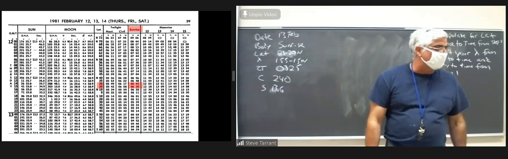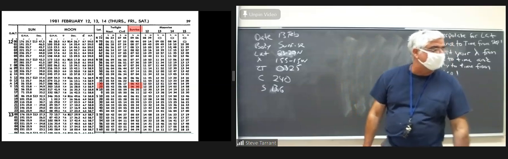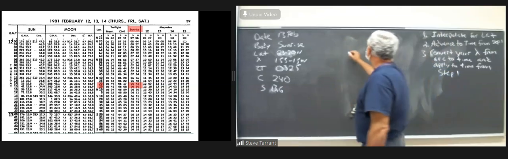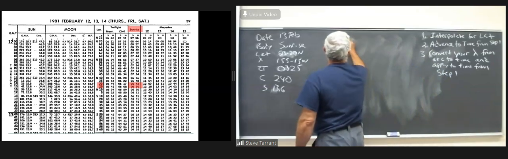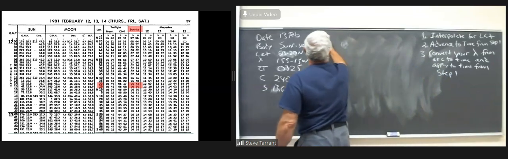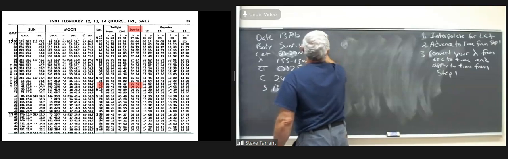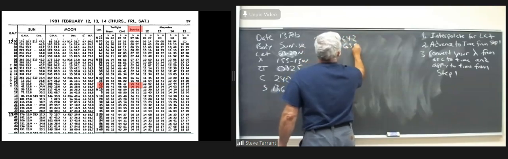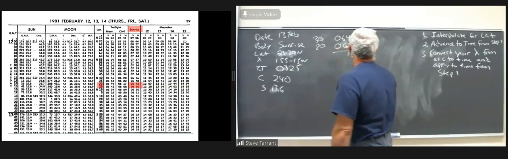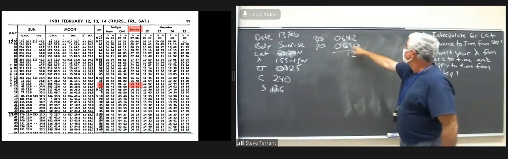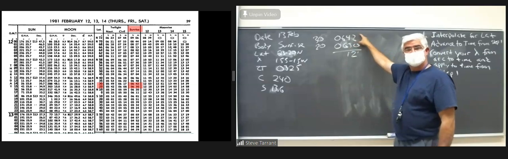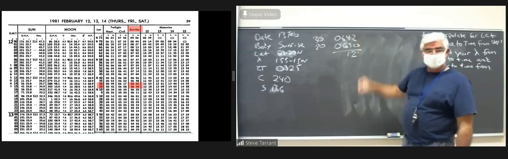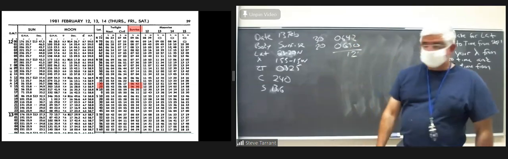At 30 degrees north, it was 0642. So we've got 0642 and 0630. The difference from here to there was 12 minutes.